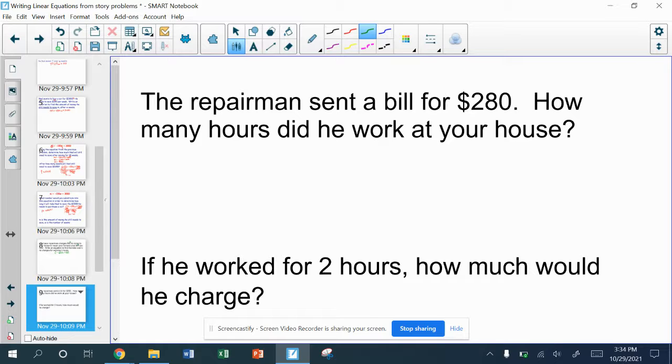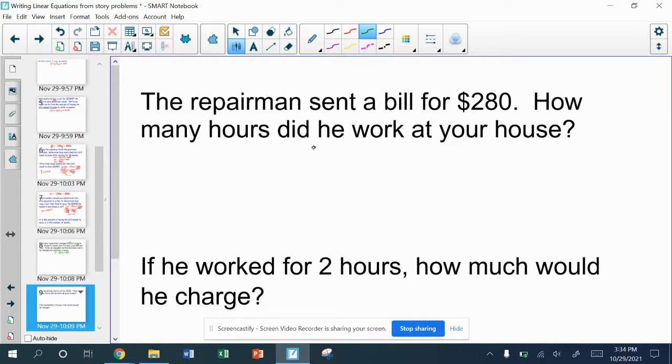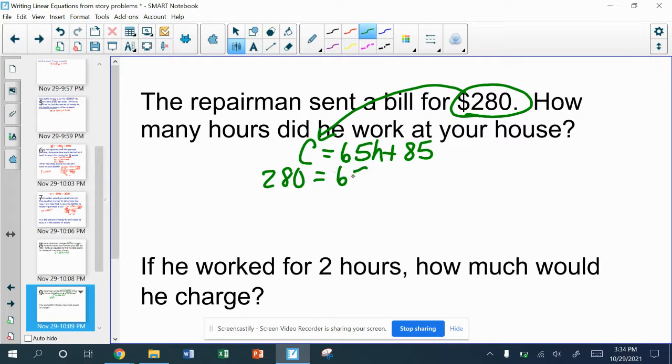Now, if he sends a bill for $280, how many hours did he work at your house? Going back to that last one, it was C equals 65H plus 85. And this is the total cost. We're going to put that in for the C. So we'd get rid of the 85.